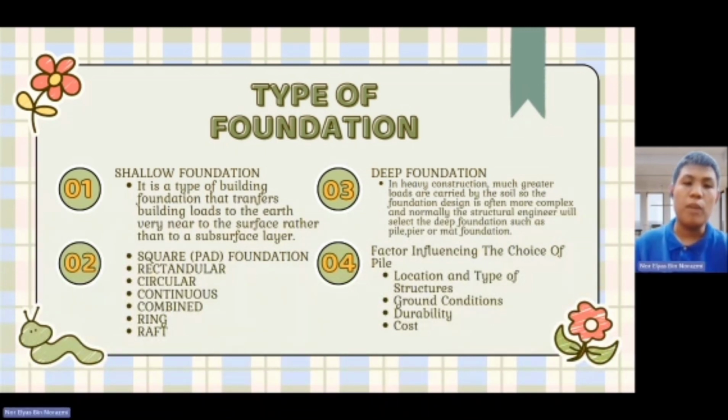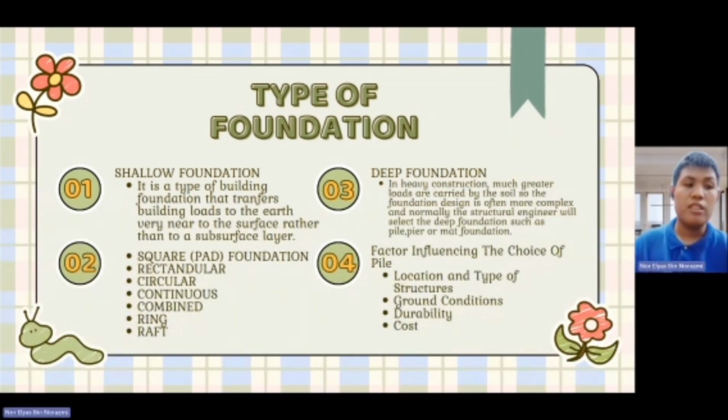Next is the combined foundation. Combined foundation is for two walls or columns that use just one foundation. Next is ring foundation.